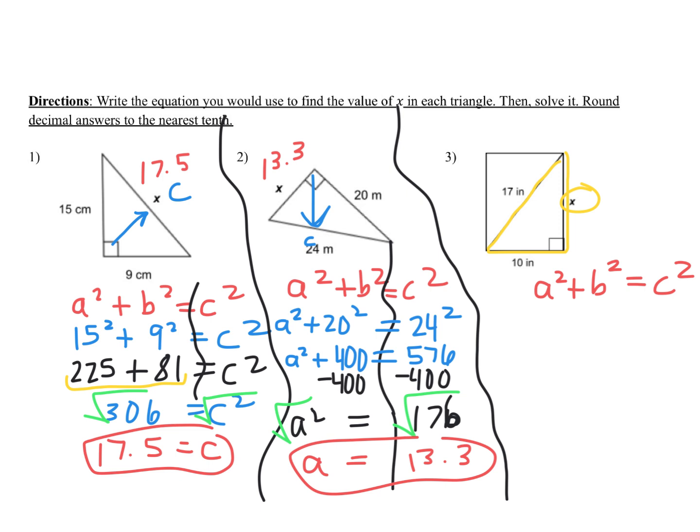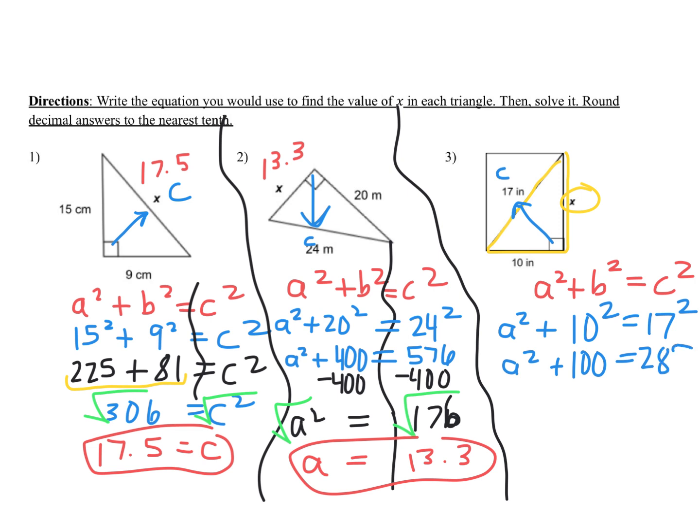Okay, so across from the right angle is the C. So 17 is our C. So we're looking for a leg. 10 is our other leg. 10 times 10 is 100. 17 squared is 289.